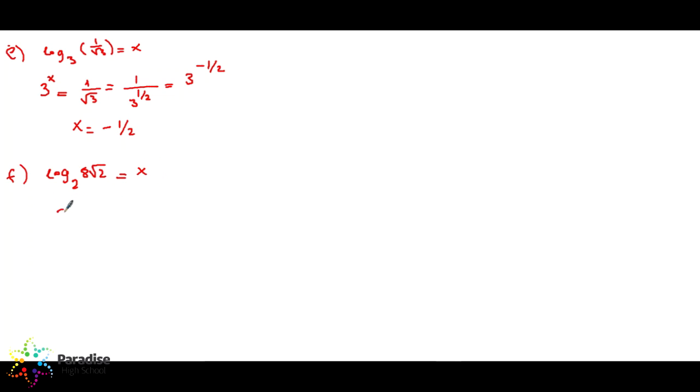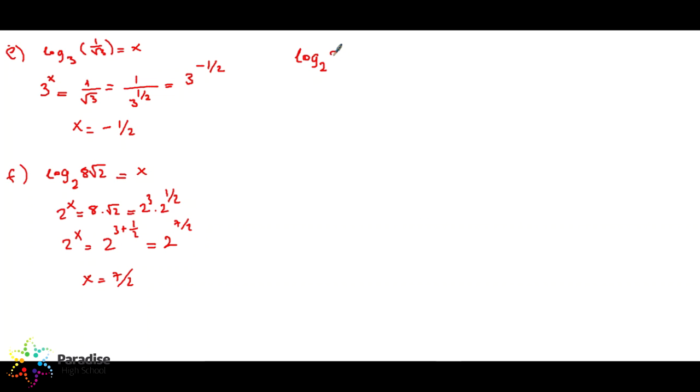We are evaluating, so 2 to the power of x is equal to 8 times root 2. 8 is 2 cubed. Root 2 I can write as 2 to the power of 1/2. Same base number, when you multiply them, we add the powers, 3 plus 1/2. That makes 2 to the power of 7/2, and x is equal to 7/2. I can solve this in another way. There is not only one way.